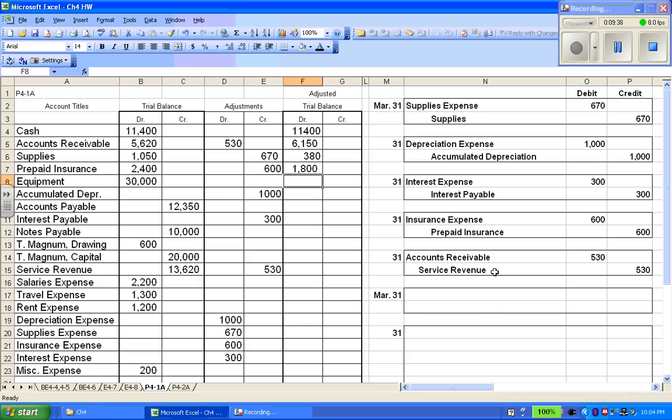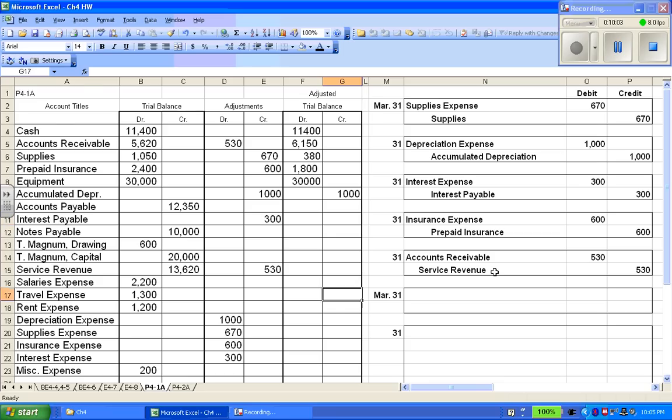So really what I'm doing is just netting my debits and credits. Equipment, there's no adjusting entry, so I'm going to carry over that $30,000 equipment debit. I have no beginning balance for accumulated depreciation, but I do have an adjusting entry credit of 1,000. So I'll put that in there as a credit.